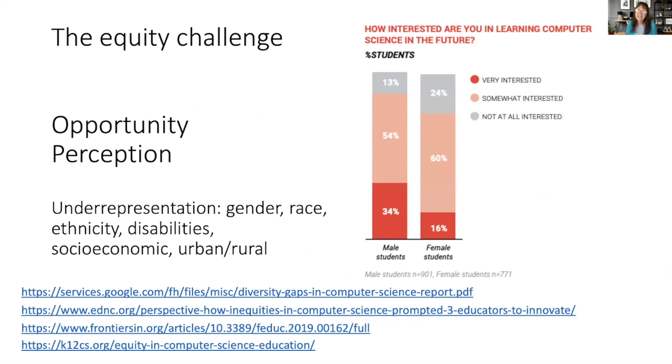The equity challenge in computing is really big, and you're going to see this reflected in every set of standards. That's because it's a challenge of both opportunity and perception, and really it's the perception that drives the opportunity. Because people in computing have been so kind of monocultural, there's great underrepresentation in terms of gender, race, ethnicity, disabilities, socioeconomic level.